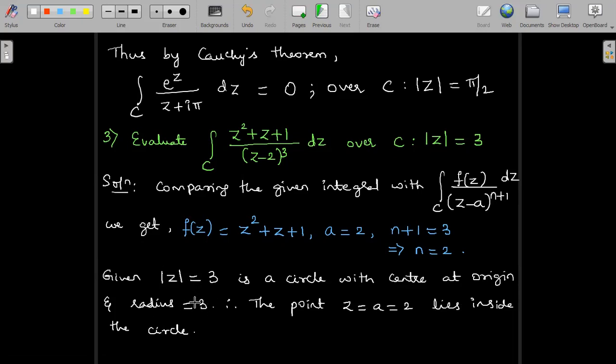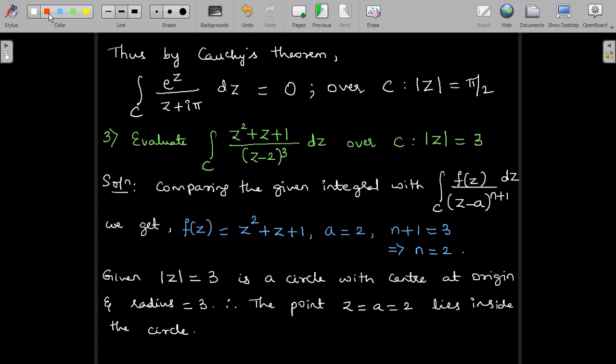When we draw a circle with radius 3 and plot the point (2, 0), z equal to a equal to 2 means (2, 0) is the point P, and it is obviously inside the radius equal to 3. We saw in the previous first problem itself how to draw a circle and show all the points. You can directly make that recognition. So it is lying inside the circle mod z is equal to 3.